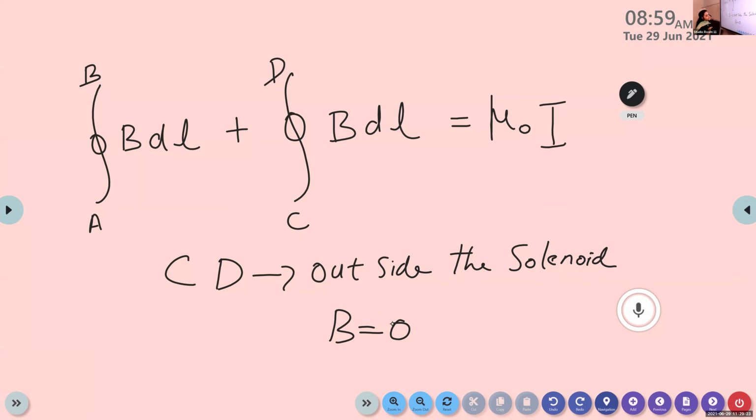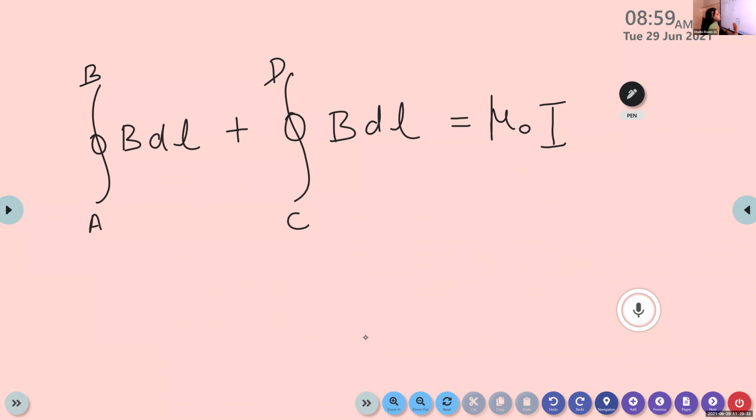So what is left? Only one term is left here. What is that? Integral A to B. Yes.